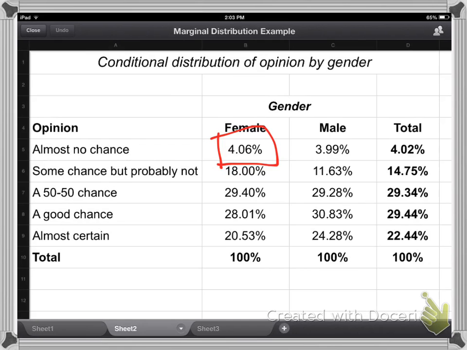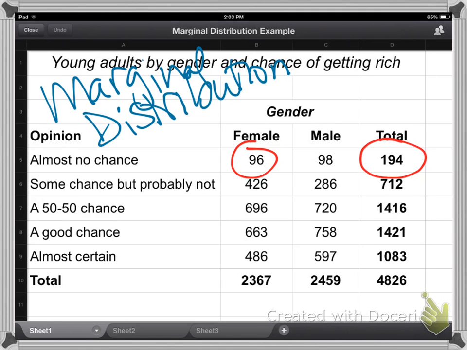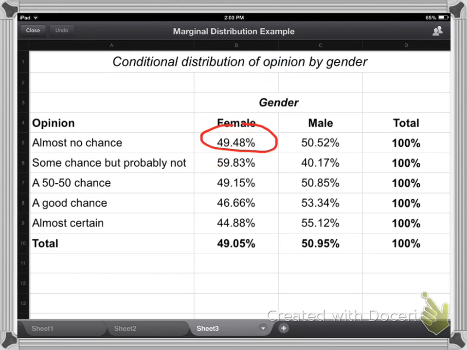It shouldn't be much surprise that when we then look at the male data that corresponds to the female data for this category of opinion, we take 98 and divide that by 194, and we get 50.52%. And then notice when we add these percents across the rows, now they do add up to 100%, all the way down.